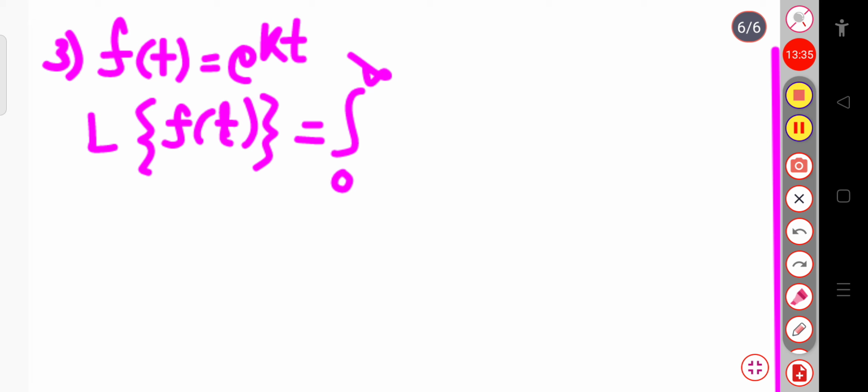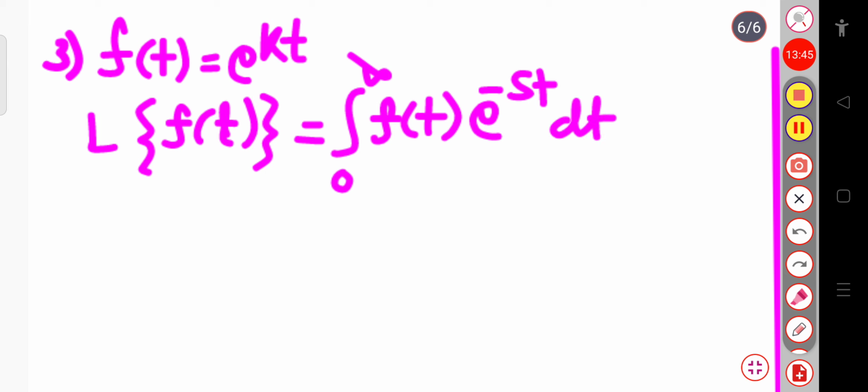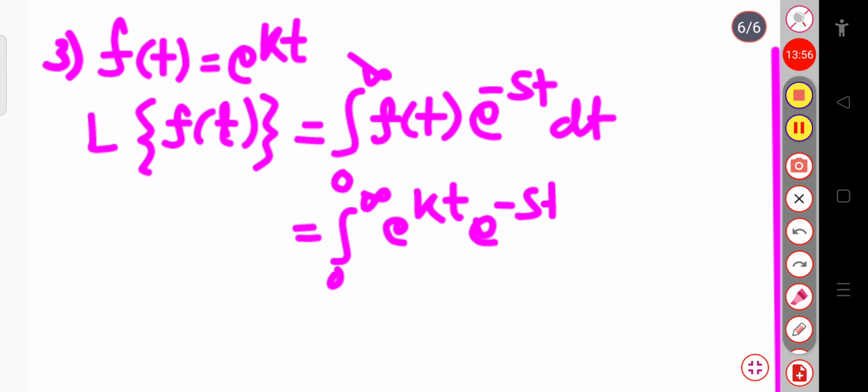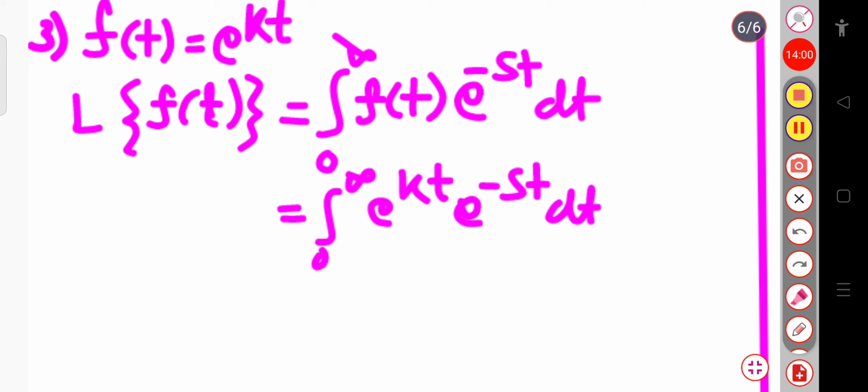0 to infinite, you have to write the function, then you have to multiply the kernel, that is exponential minus st into dt, which is also equal to 0 to infinite integration. In place of f of t, you have to write exponential kt into exponential minus st into dt. After substituting the value of f of t, then simply you have to solve the integration.